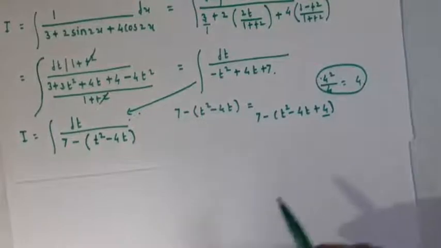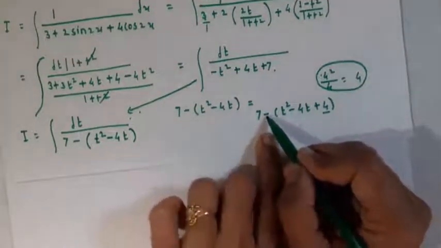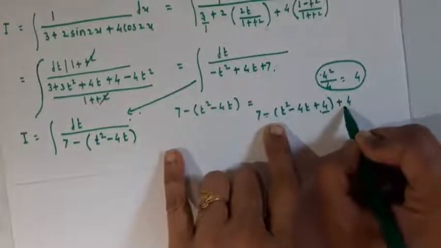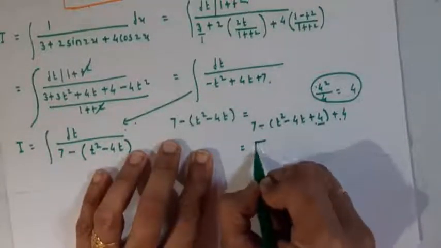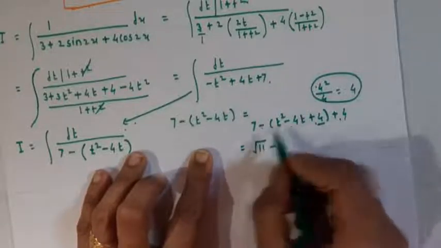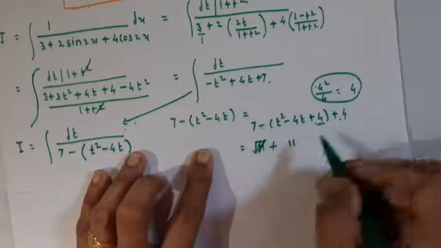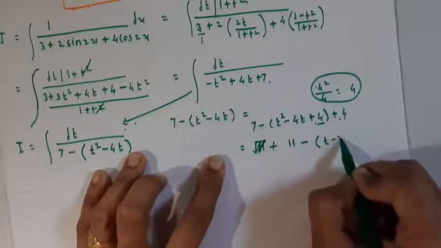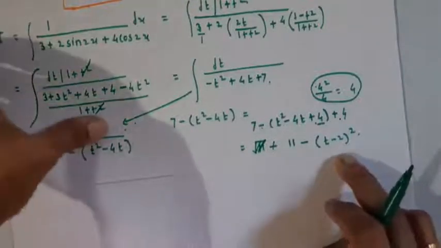But see students, because of the negative sign outside the bracket, the minus 4 we have adjusted becomes plus 4. So 7 plus 4 is 11, and minus the square term, that is t minus 2 whole square.